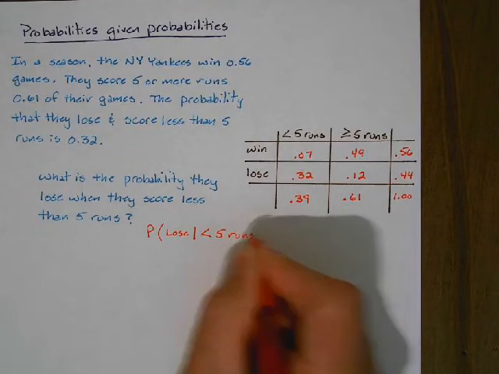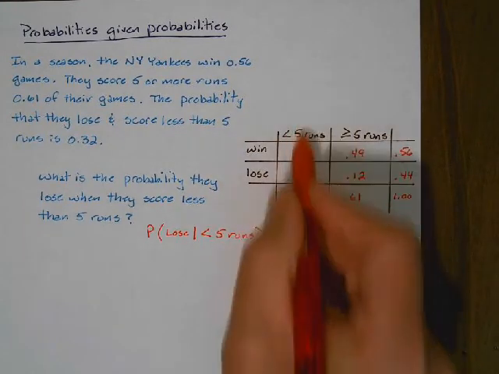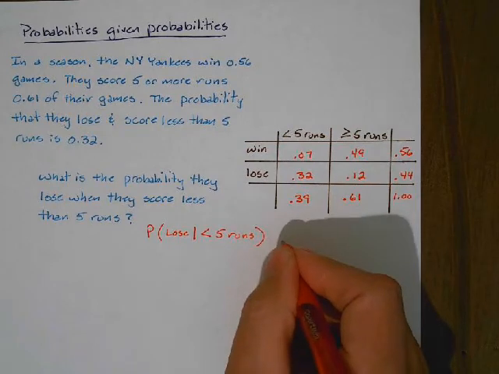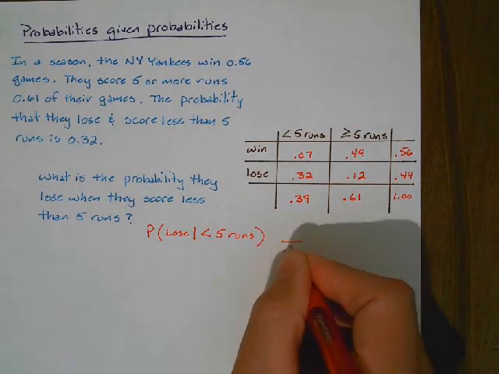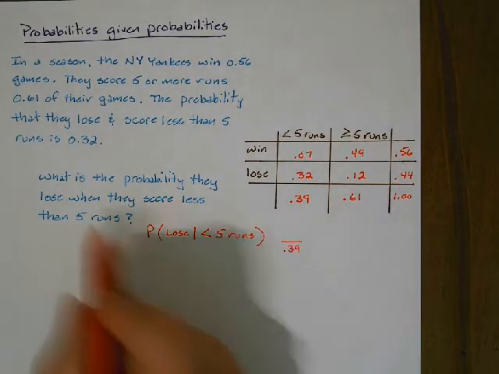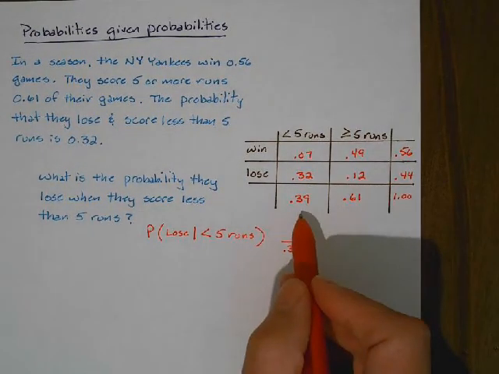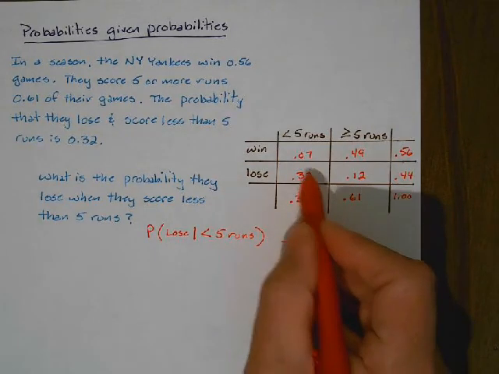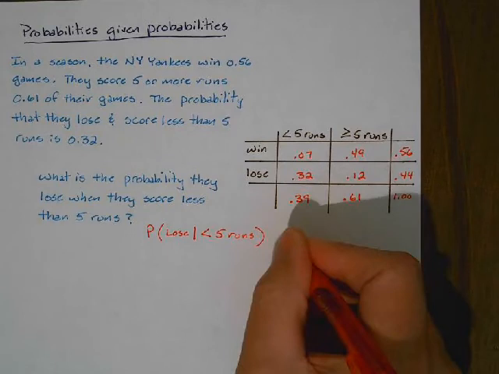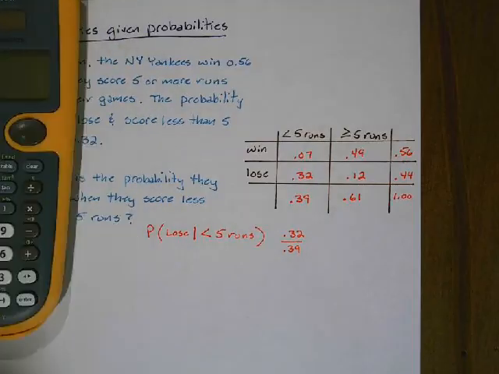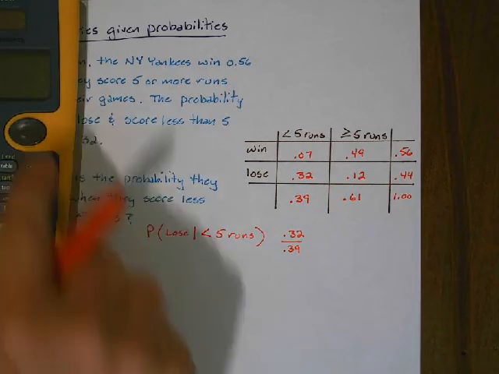So I'm only looking at the times when they have less than 5 runs. 39% of the time, they have less than 5 runs. So I want to know when they get less than 5 runs, what's the chance of them losing? And it says here that is 0.32. So I want to know what's the chance of them losing if they score less than 5 runs.